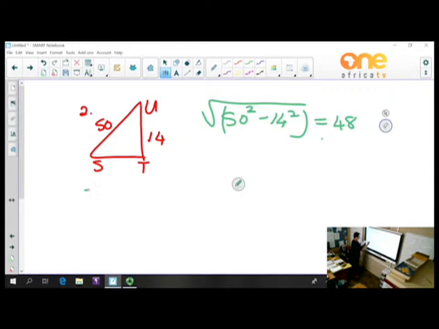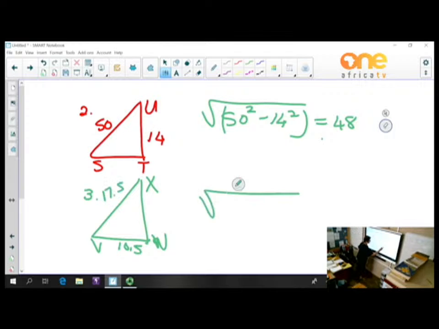Right, now number 3. VWX, this is 90 degrees here at V, so it's VWX. This one is 10.5, and this one is 17.5.